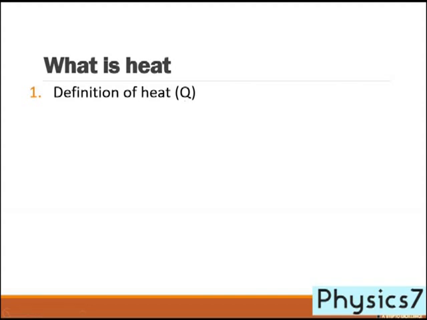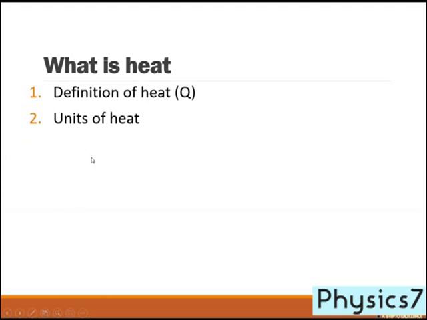And we tend to relate it to an expression which involves the mass of the substance which we're measuring the heat of, and something called the specific heat capacity, which we'll talk a little bit more about a bit later on, as well as the temperature difference of the substance.